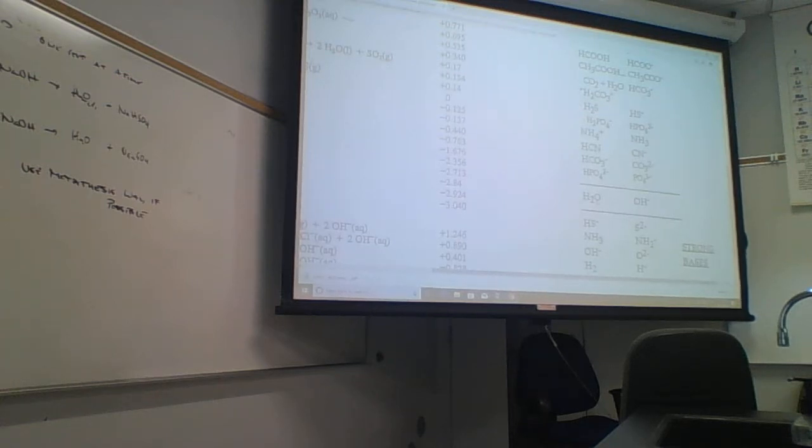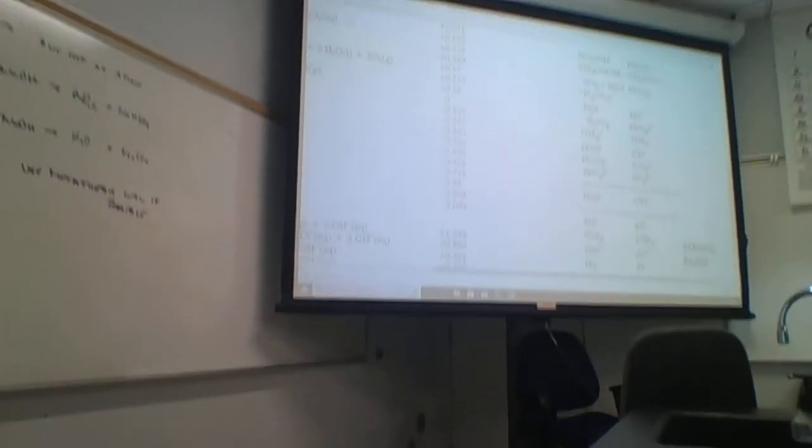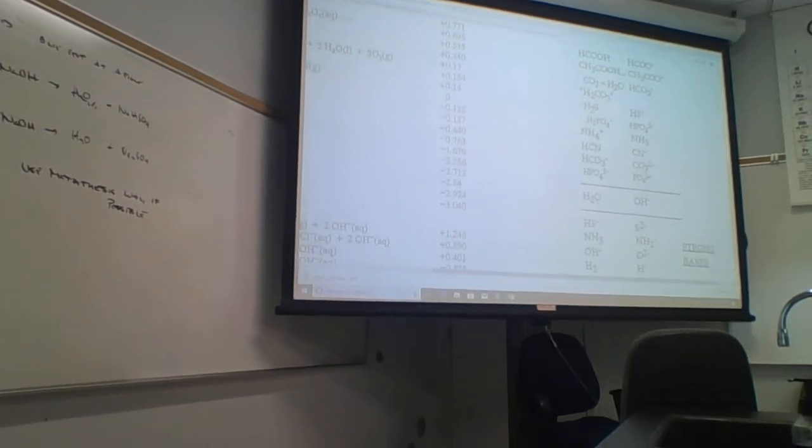Next, use the chart to determine the strongest base present. We have three bases present: bicarbonate, phosphate, and water.